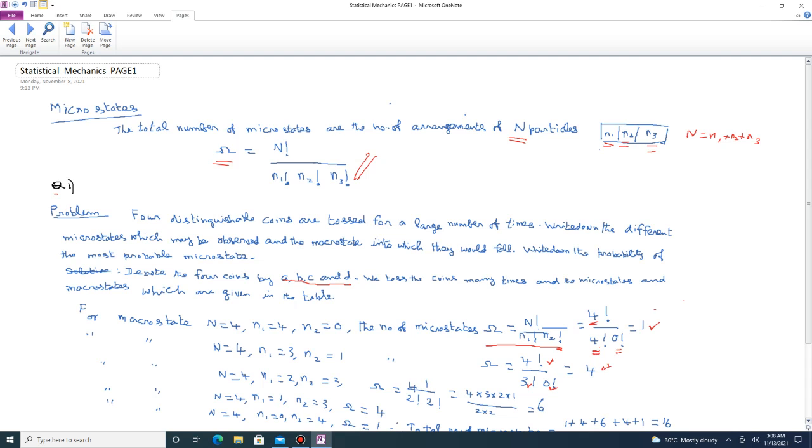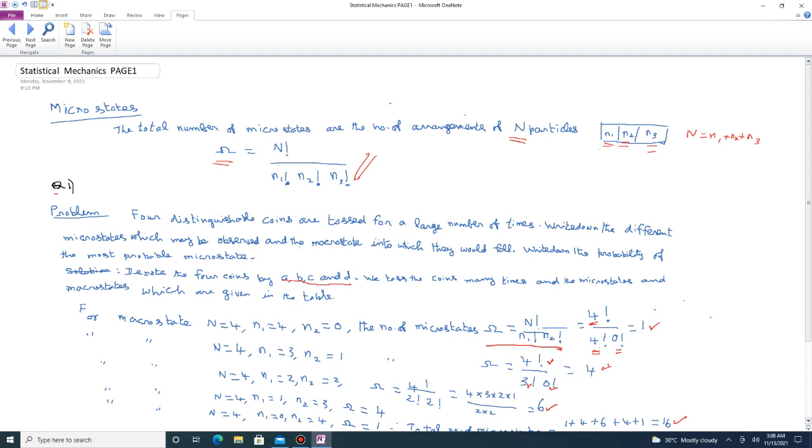Similarly, using this expression, when n1 is equal to 2 and n2 is equal to 2, the number of microstates can be calculated as 6, and once you add all the values of the microstates, you get 16.